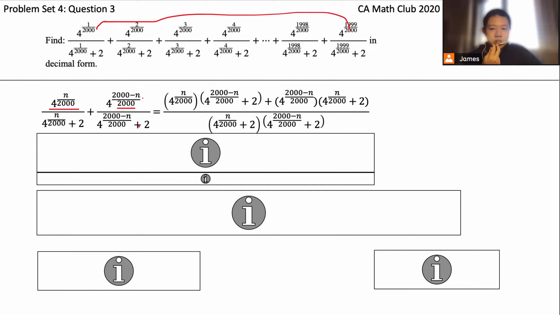When you have this, you first need to find the common denominator. To find it, you should multiply these two denominators together. You also multiply each denominator into the other fraction's numerator. When you multiply them together, you will get this one here.